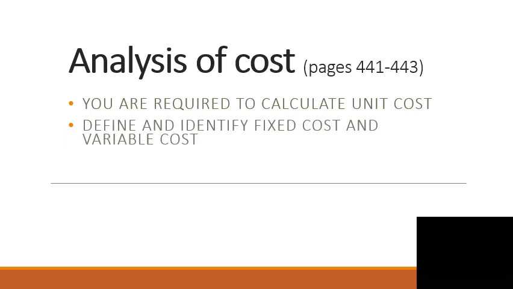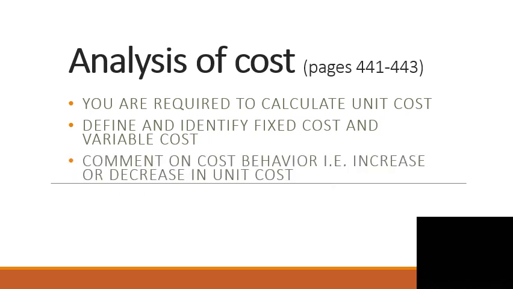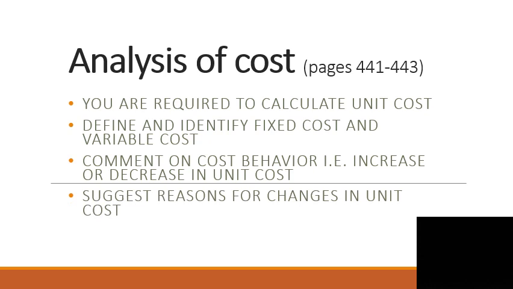You are also expected to define and identify fixed cost and variable cost. Also to comment on cost behavior, why unit costs have increased from 1 year to the other, and suggesting reasons.